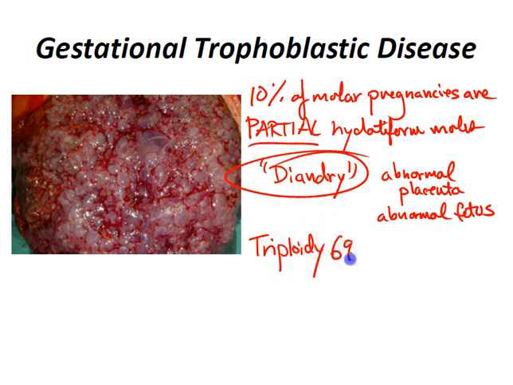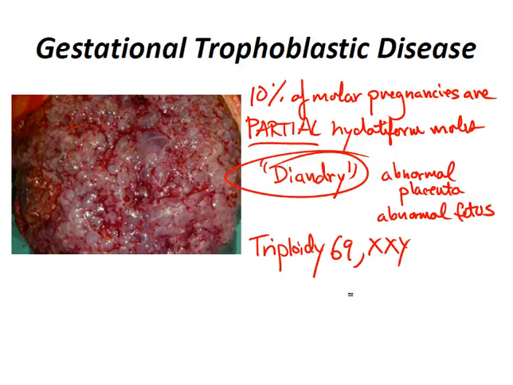So these are your zebras. So you get a 69 XXY. That's your karyotype. So you get a 23X from mom, with a duplicated set from dad, which is the most common. You can also have a tetraploidy, or higher multiples are possible if more than 2 sperm fertilize an ovum. But don't even worry about that. You're not going to be tested on that.